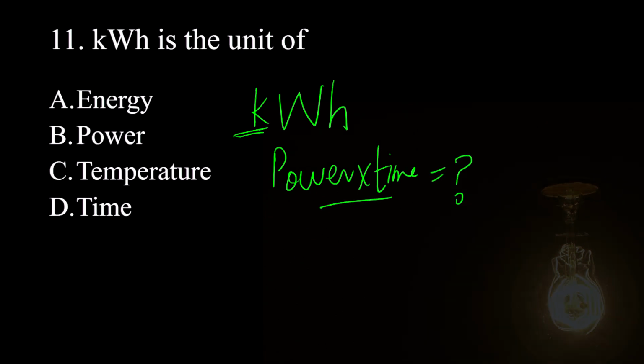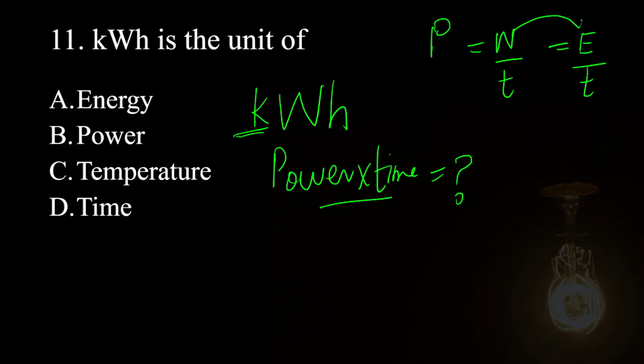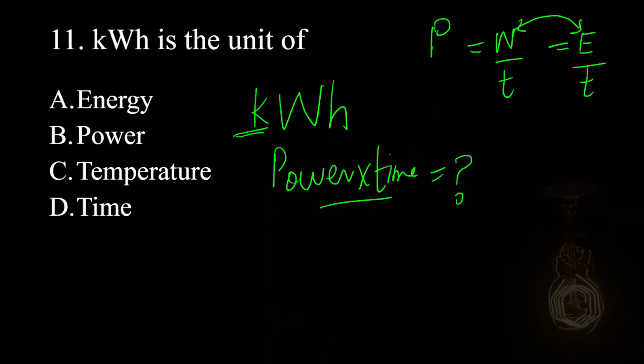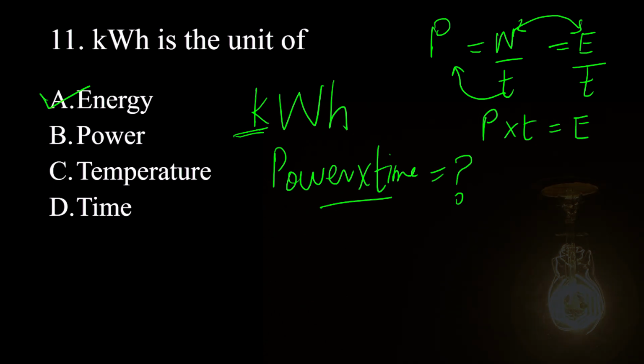According to the definition, power is equivalent to work done per unit time, and the unit of work done is joule, and we can also write it as energy per unit time because they have the same dimensions. So when you take T to the other side, power into T is equivalent to energy. So the product of power into time is energy, and kilowatt hour is the unit of energy.